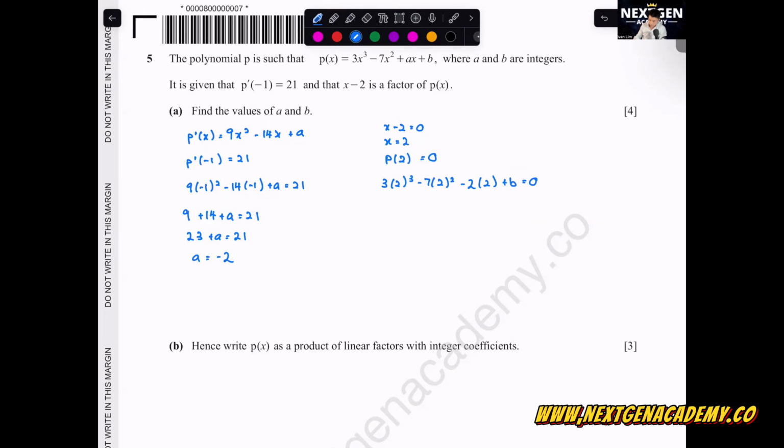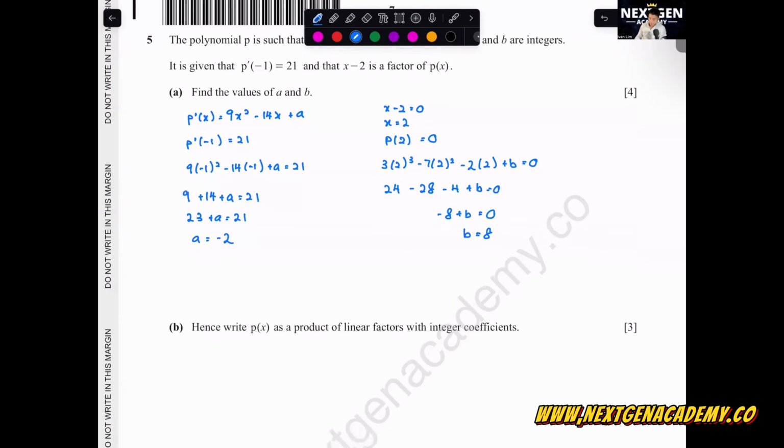So 3 times 2 cubed, 3 times 8, 24, minus 7 times 4, 28, minus 4 plus b is equal to 0. Here we'll get minus 4, so this one will be minus 8 plus b equals 0. b is equal to 8.